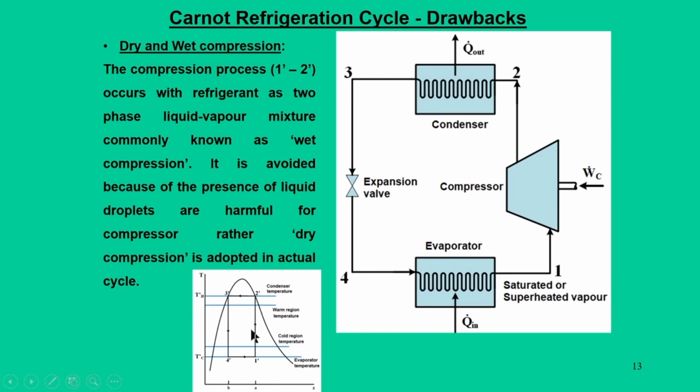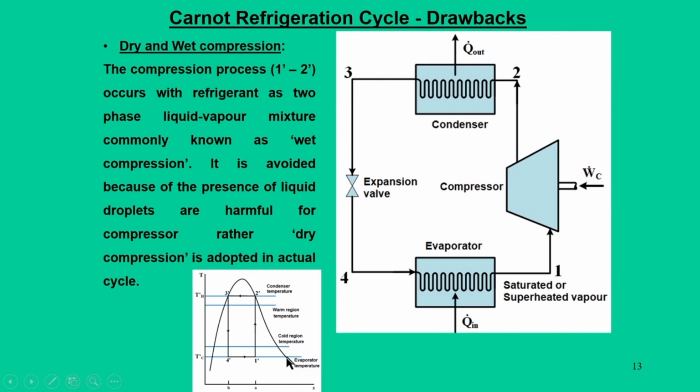But the compression from 1 dash is still in the wet region, and the compression terminates at point 2 dash, where only saturated vapor refrigerant is available. But this particular process is not allowed, because 1 dash should lie on the saturation vapor curve, somewhere at this point.